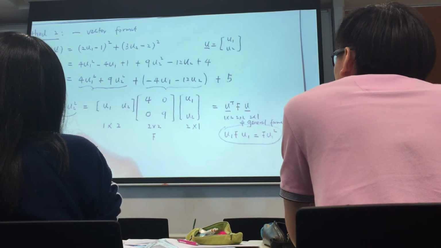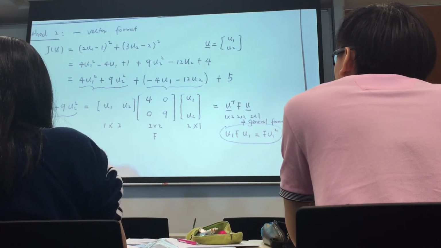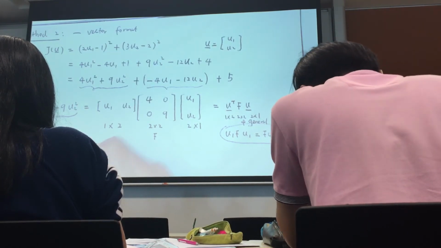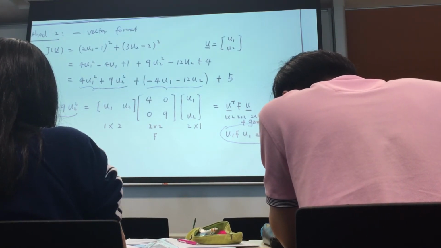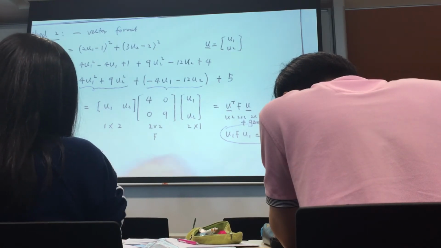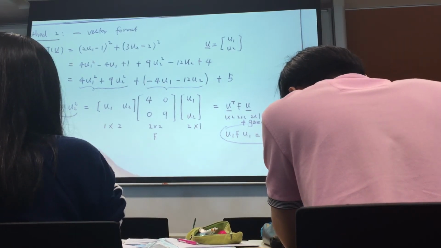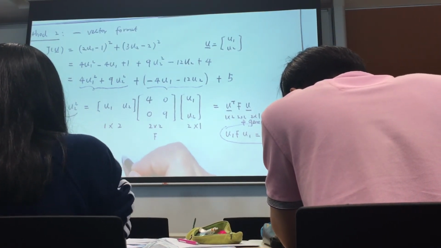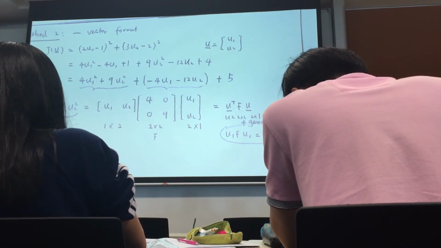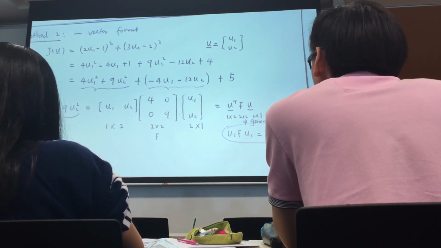For the second part, this is minus 4 u1 minus 12 u2. We can define this to be something like this. We know the dimension for this one is 1 by 1.